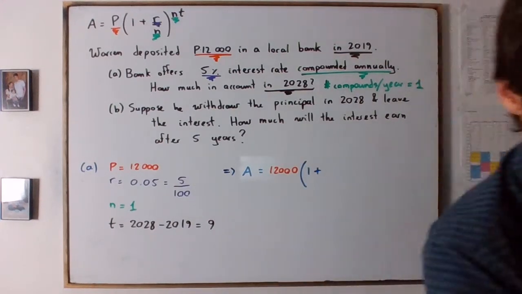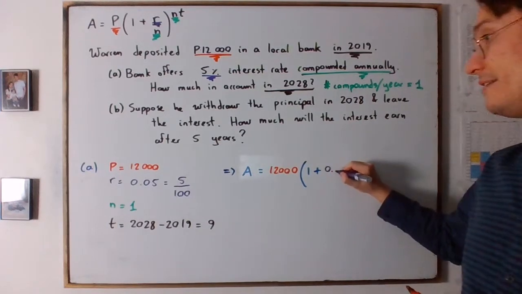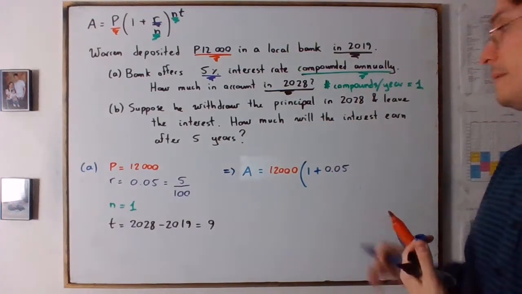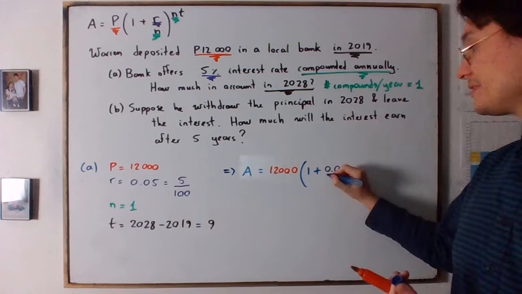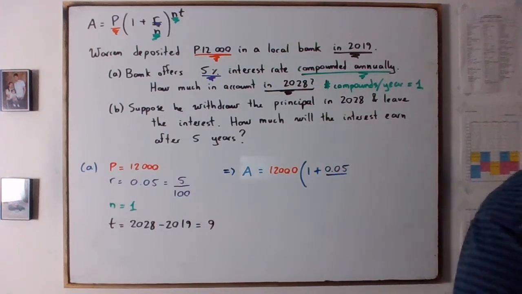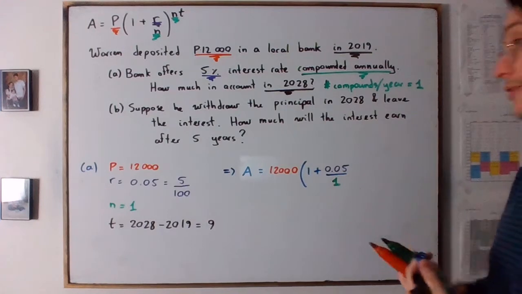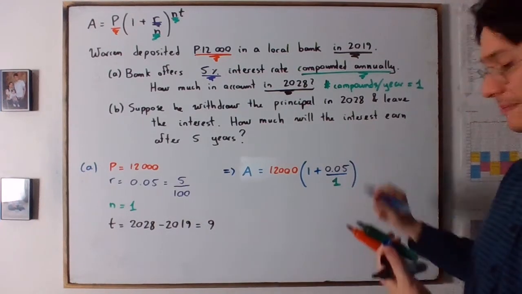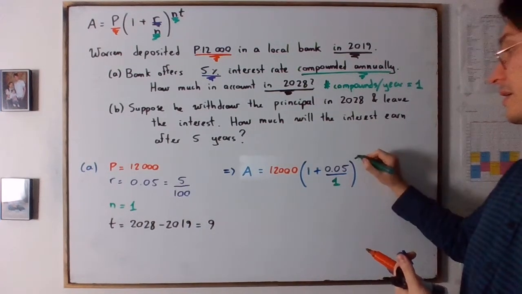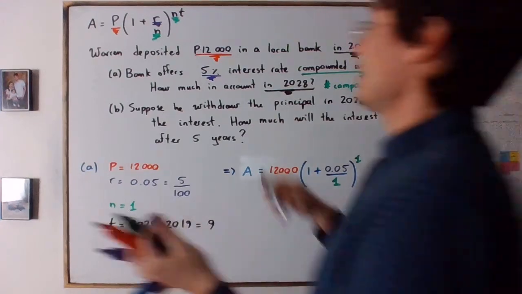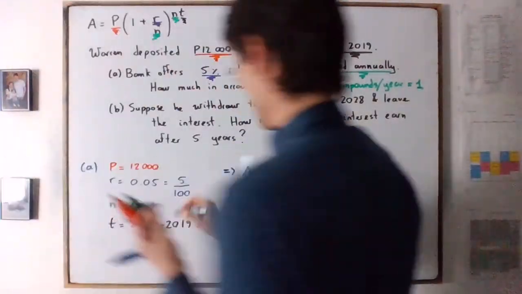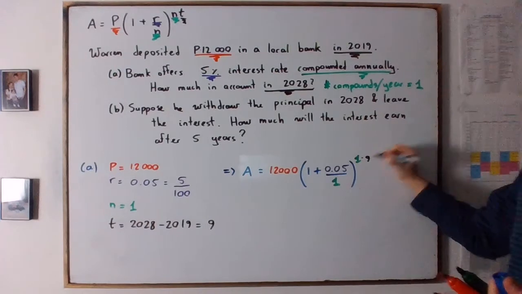So r is 0.05. And then divided by 1, which you don't really need to write, but it's nice for your own understanding to write that. Then to the power of 1, and the t is the information that we calculated here, times 9.